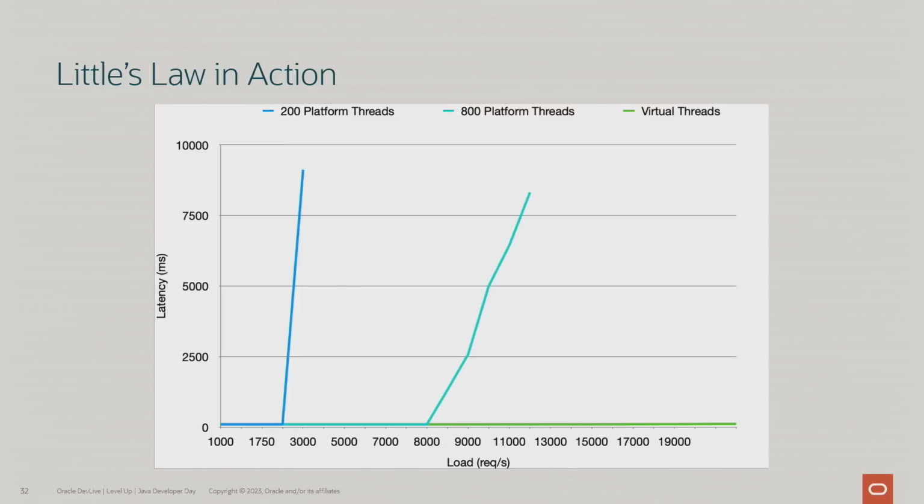And exactly according to the previous formula of Little's law, you can see that if we set up a thread pool of 200 platform threads, we reach our throughput at around 2000. If we set up 800 platform threads, we also reach the same maximum available throughput as predicted by Little's law.